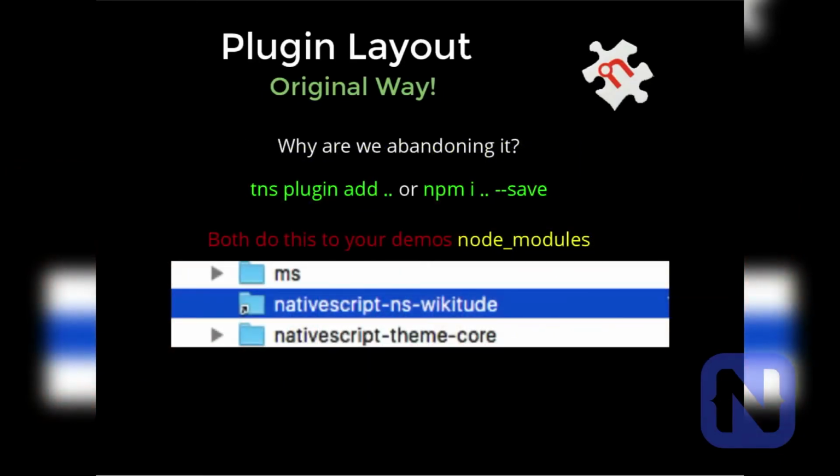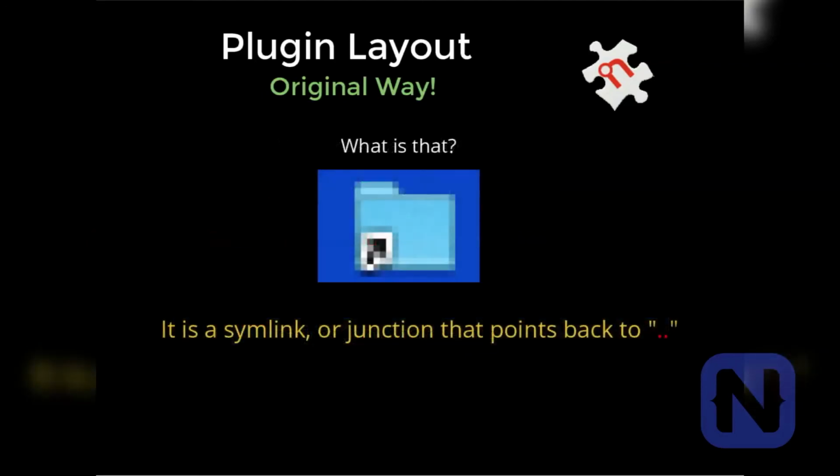The reason we are abandoning it, and this is why you will see differences in the two different plugin designs, the way Nathan Walker described it earlier, and the way you will see a lot of plugins still existing, is because when you do a tns plugin add or an npm i --save, which are basically the same thing in this case, both do this to your node_modules folder inside the demo folder. And if you look really close at the highlighted line, you'll see a little tiny thing like that.